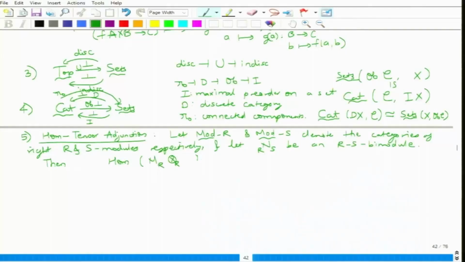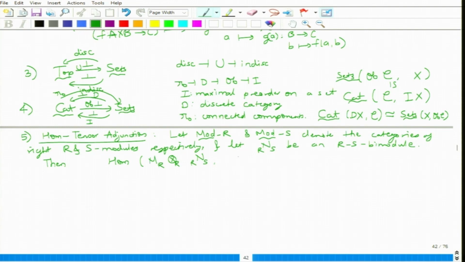And then finally NRS, which is the bimodule. But what we are using here while constructing this tensor product is that it is a left R module. So you can always take one right R module, tensor it with one left R module, and you will get an abelian group. But because N is also a right S module, this particular tensor product will be a right S module.